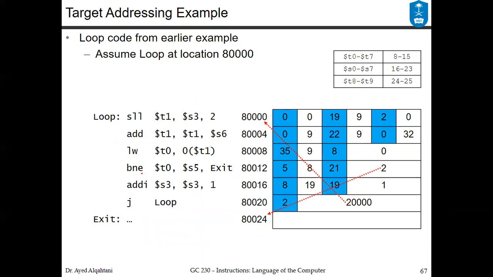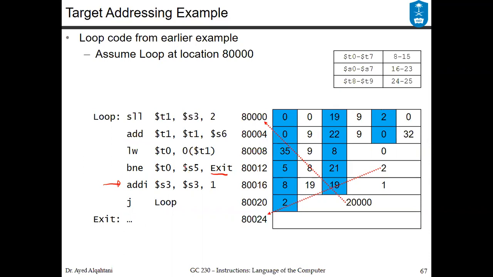Now, in the branch not equal, we have the label exit, and we need to find what is the value of the exit. So we know in the branch, it's PC relative. So you will have the PC, which is currently pointing here, which is PC plus 4. It's already incremented and it's here.